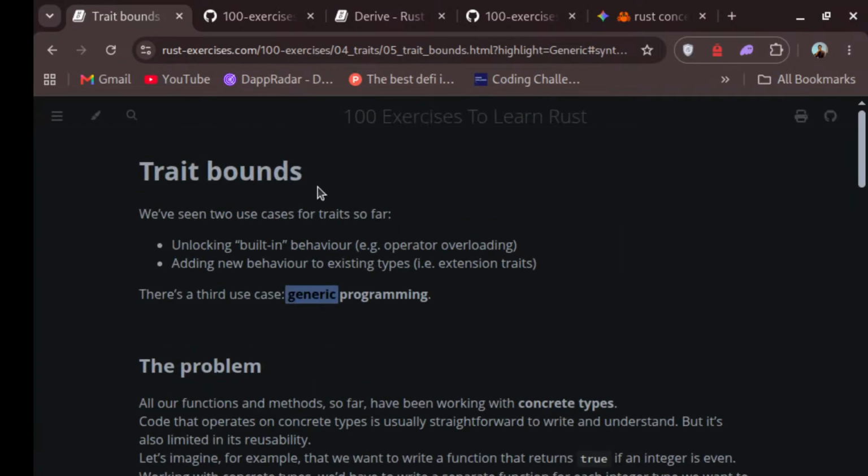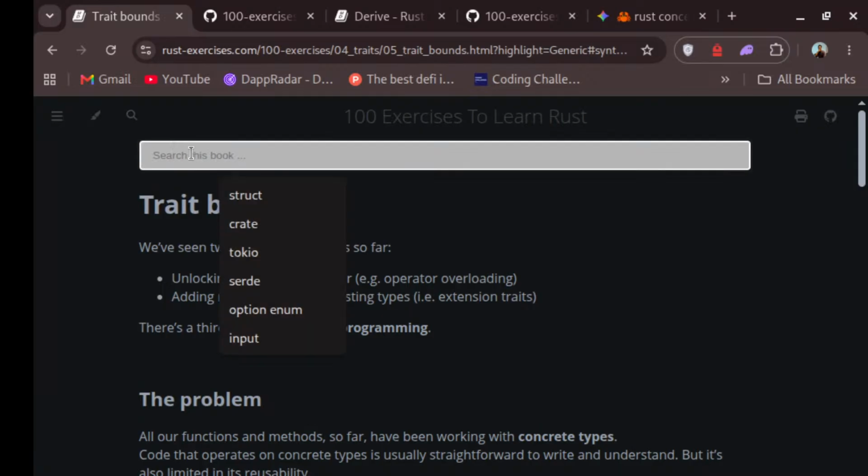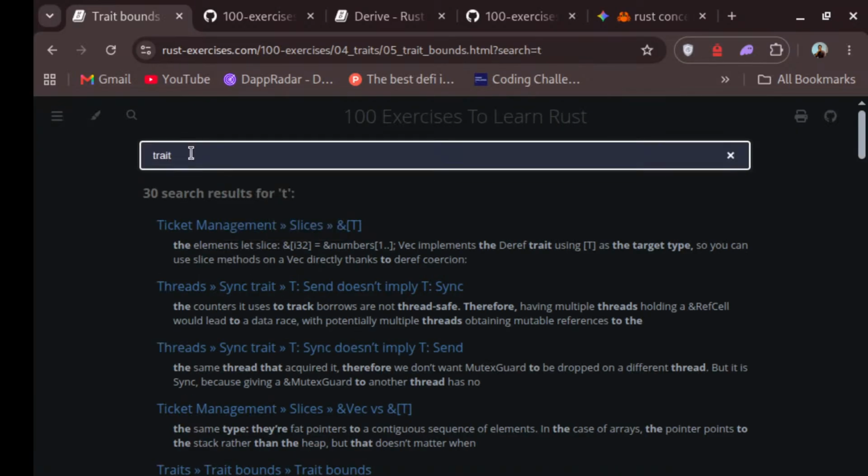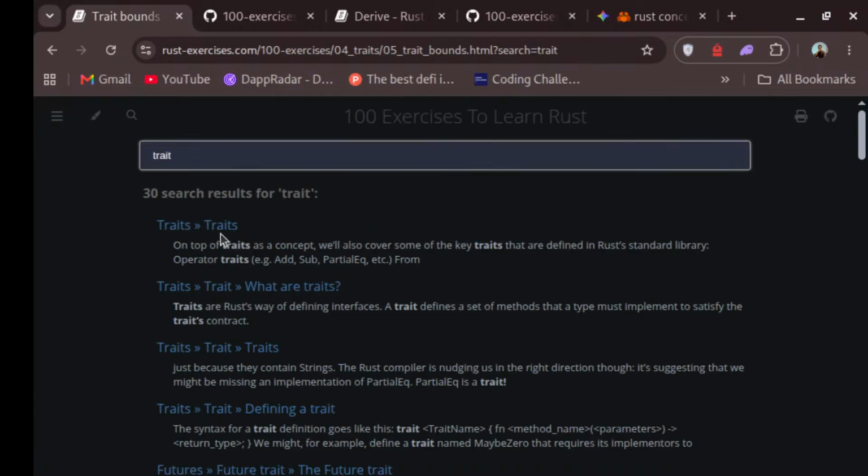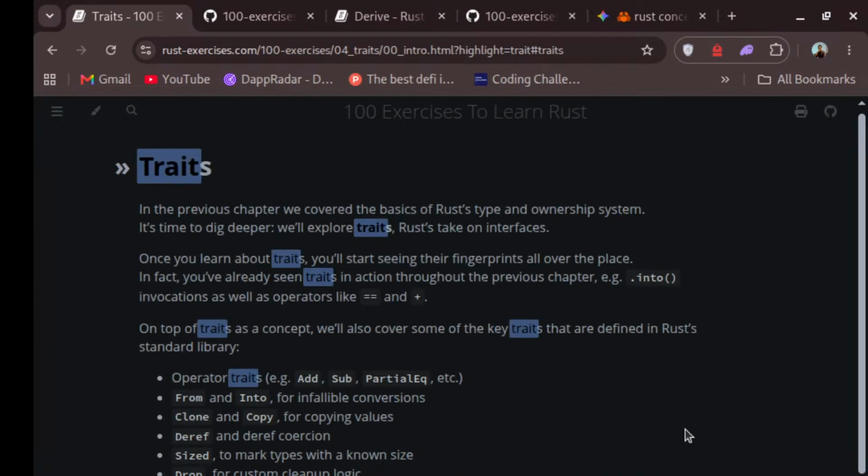So do you understand? I am clear now. I will go through traits. They are traits, right?